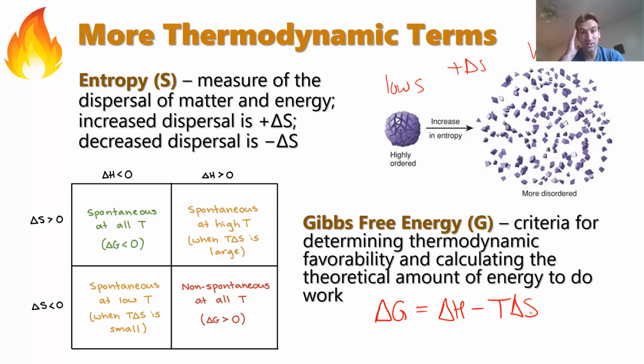But in your head, if you want to continue thinking that, oh, it'll happen, it's spontaneous. It won't happen, it's non-spontaneous. It doesn't happen under all conditions. So whenever we have a delta G value that is negative, it means that we have a spontaneous or thermodynamically favorable process. If we calculate out a delta G to be positive, that means that it is a non-favorable process.